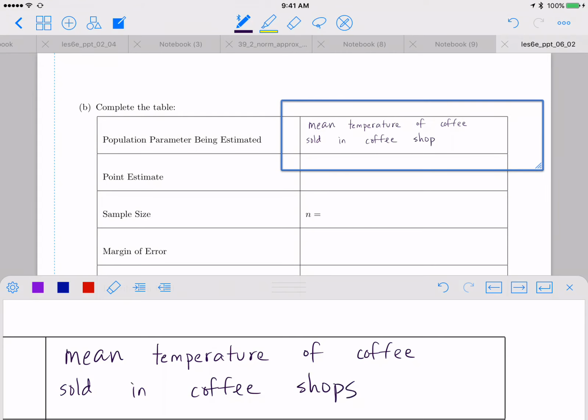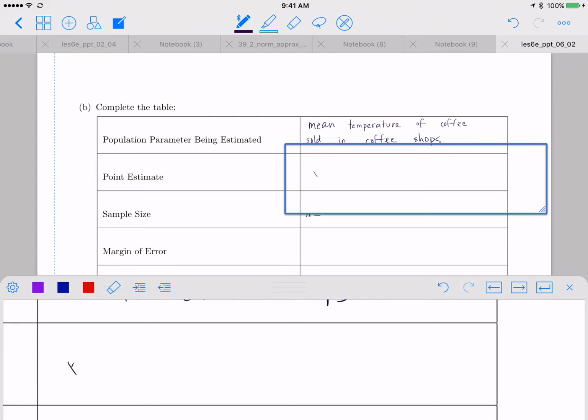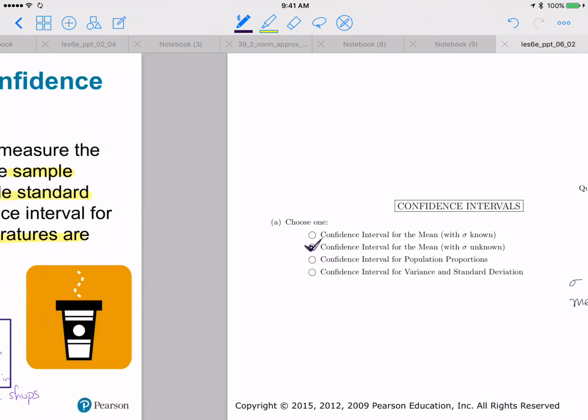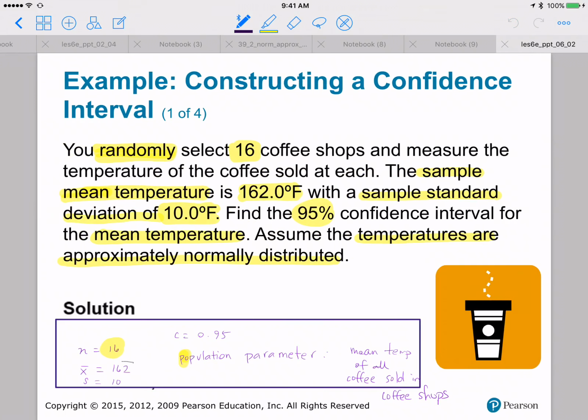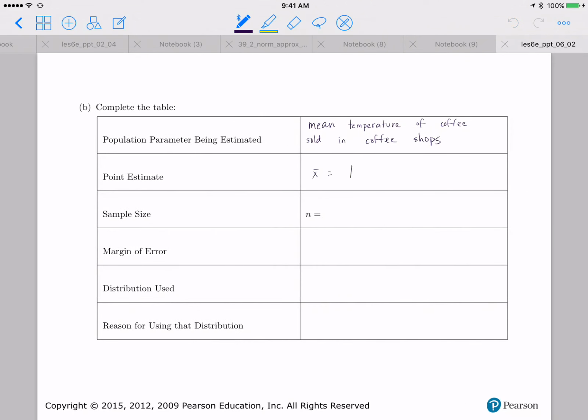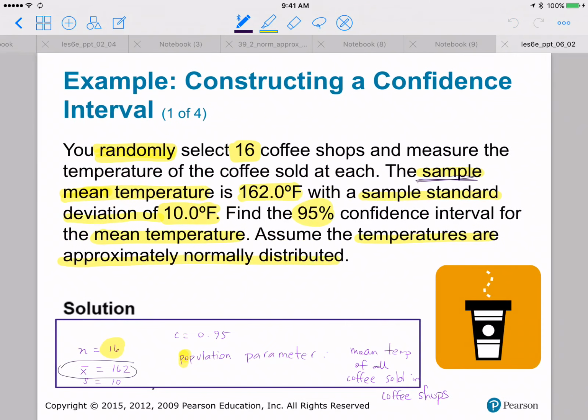Our point estimate is going to be X bar equals, what do we say X bar is? X bar is equal to 162. Okay. And that's again from the question here. Our sample size, 16.